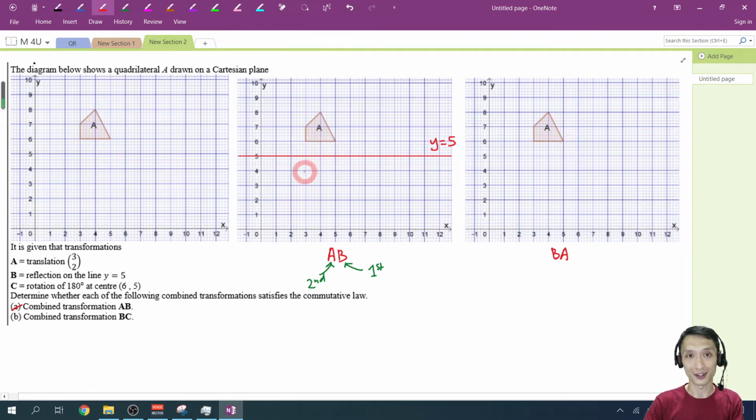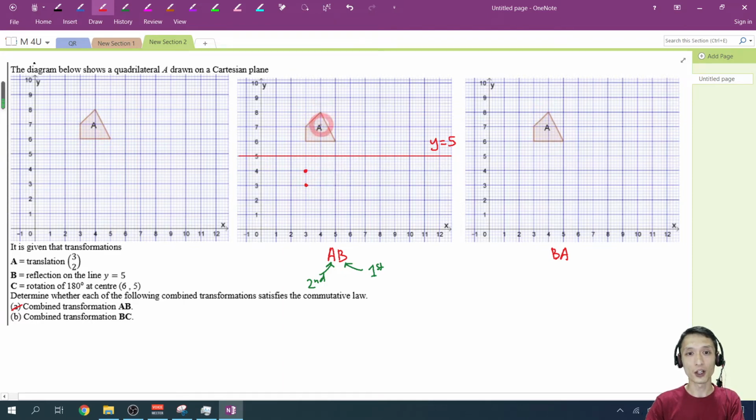So how do I get the position here? From here you count until you touch the axis of reflection. For example, 1, remember the number, then count again 1. This is the image of this vertex. How about the image of this vertex? 1, 2, remember the number 2, then count again 1, 2 over here.